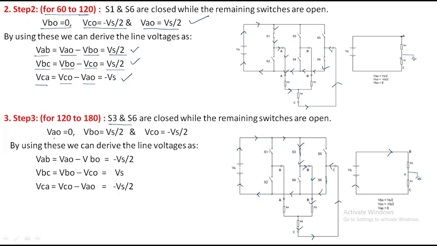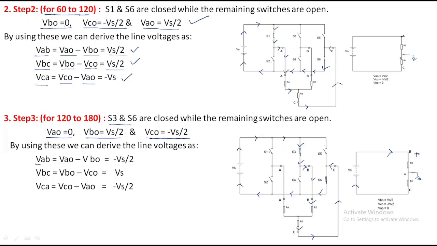So there is no current flowing into the A, that's why VA naught equal 0. But for VB naught current is entering from the positive side, that's why VB naught equal Vs by 2. And for VC naught current is leaving from the Vs, that's why VC naught equal minus Vs by 2.